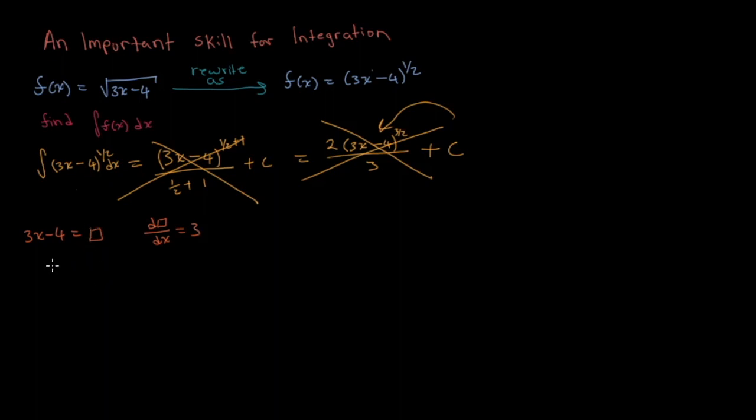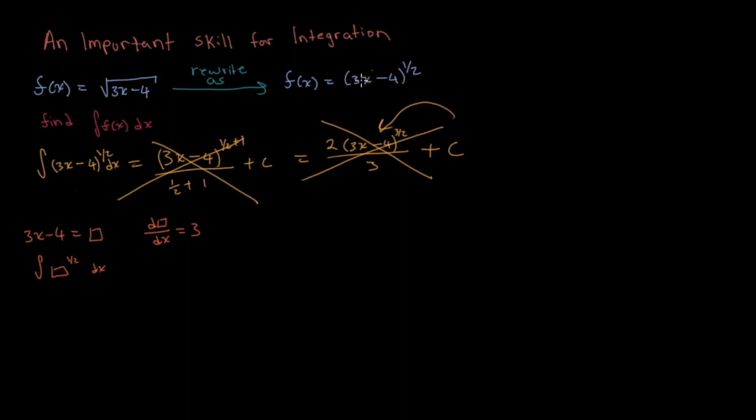What we can do now is rewrite this integral. f(x) dx is going to equal this placeholder to the power of 1 over 2 dx, because this box is equal to 3x minus 4.